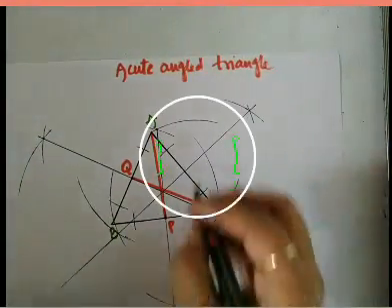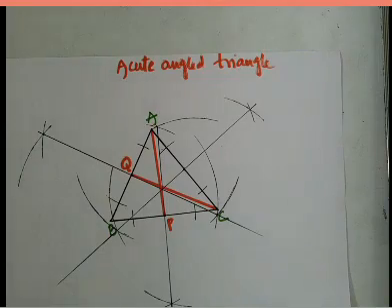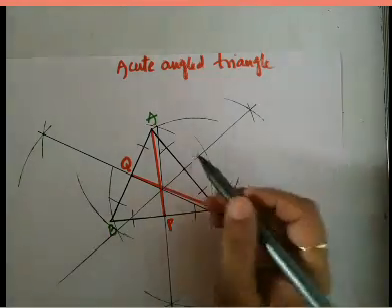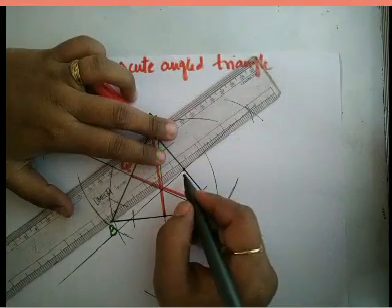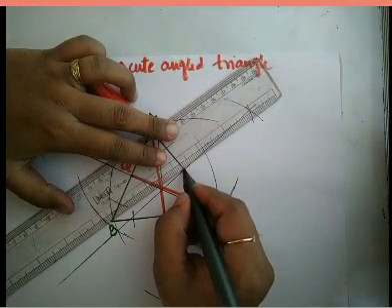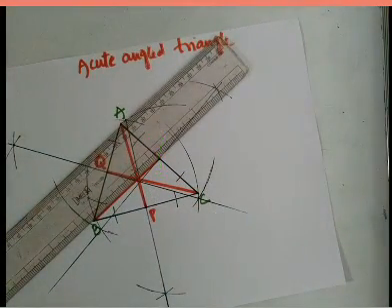Okay, so here I have got the midpoint of segment AC. I'll join this midpoint to the opposite vertex, and this is the third median which I have got.